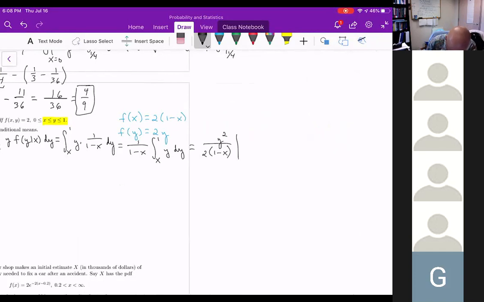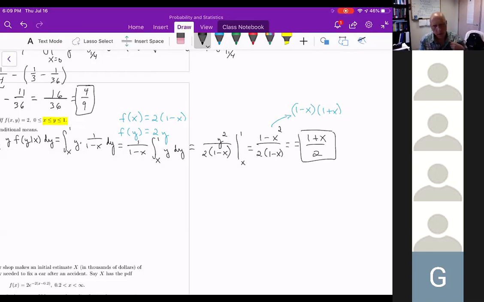You're evaluating y from x up to 1, which is going to be 1 minus x squared over 2 times 1 minus x. And then if you're clever, you realize that 1 minus x squared factors into a 1 minus x, 1 plus x, which means that this simplifies into 1 plus x over 2.